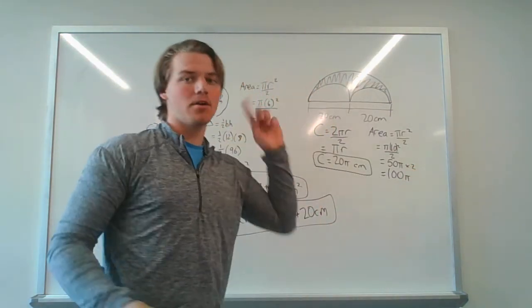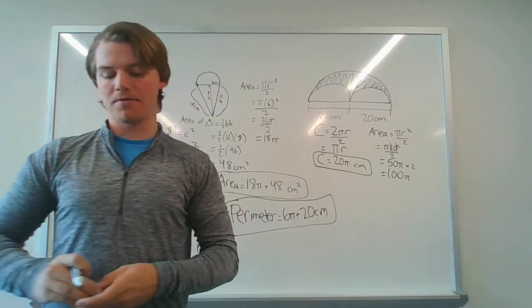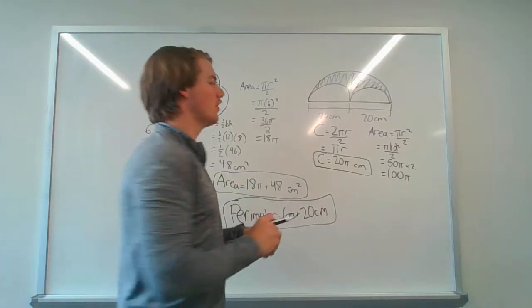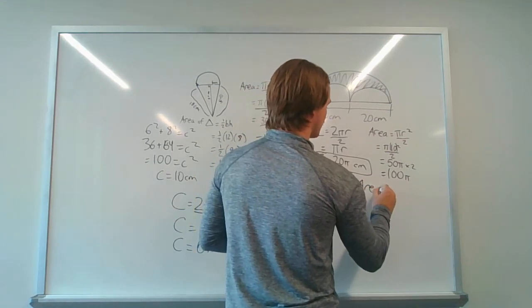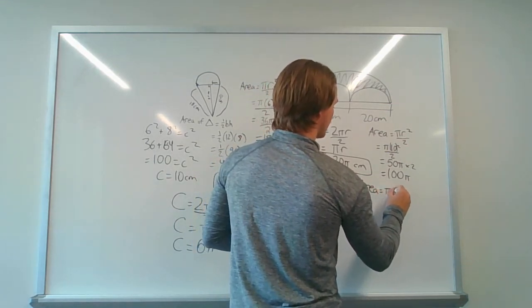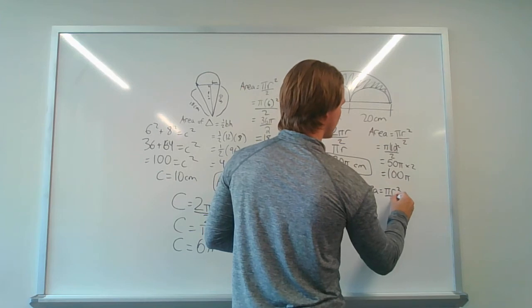So we've found the area of those. Now we've got to find the area of the big circle. Again, it's a semicircle, so the area is pi r squared divided by 2.